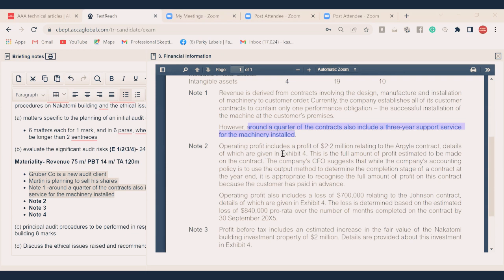So we have to read the Exhibit 4 for the details of the Argyle contract. This is a full amount of profit estimated to be made on the contract.